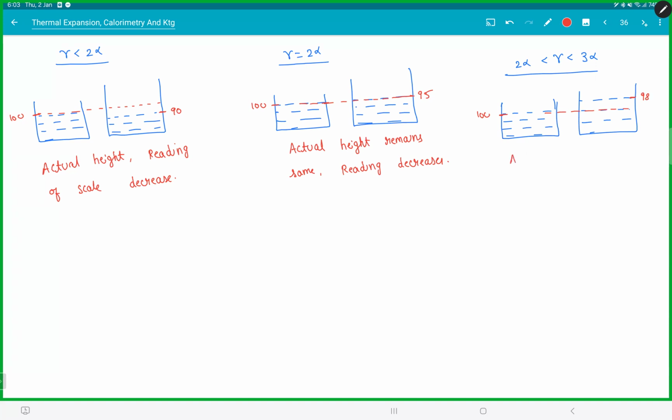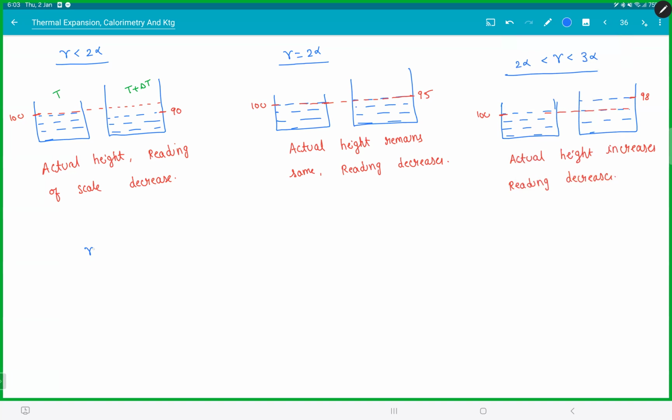So actual height increases, but the reading still decreases. Basically, this is after temperature rise. I'll write it like this: let this be temperature T plus delta T, and this was T.